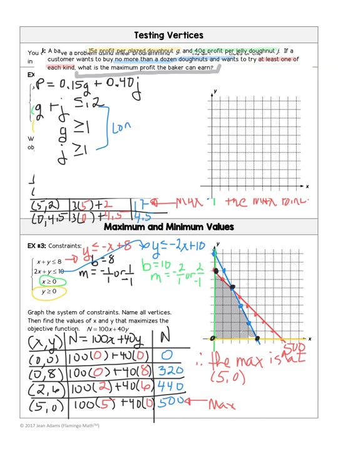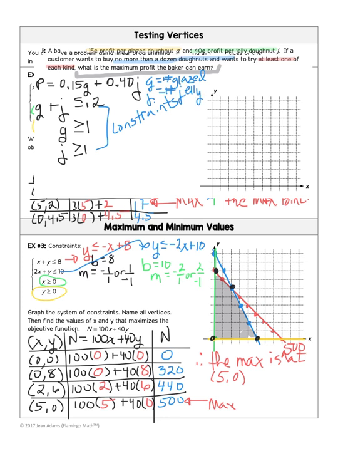Okay, and then I want to define my variables, so I'm going to let G equal number of glazed, and J equal number of jelly.